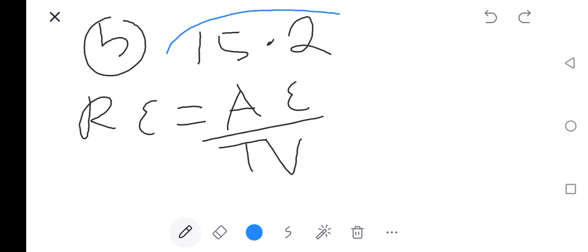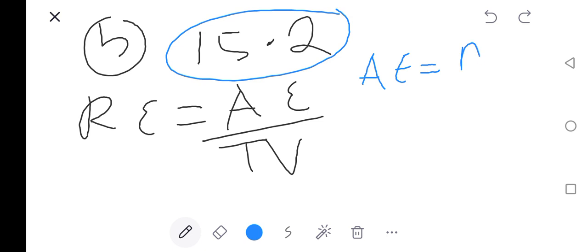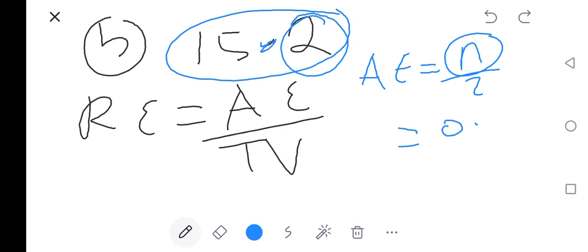When you have got one figure, your absolute error is simply n over 2. That's all. n over 2. And your n is a unit difference. You've got 1 decimal place, so your unit difference is 0.1.